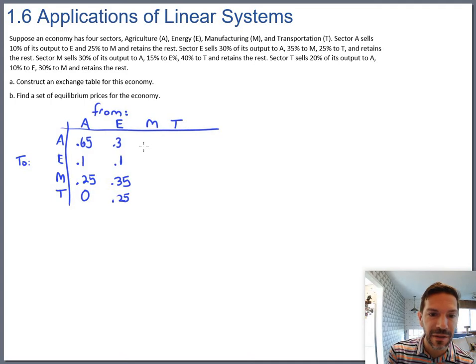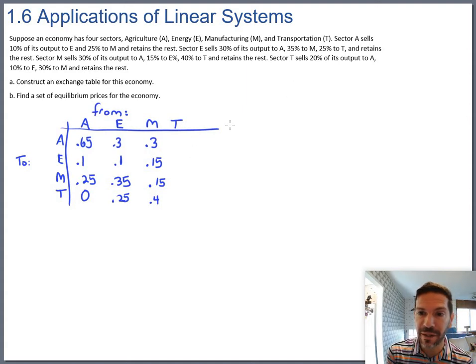Manufacturing sells 30% to agriculture, 15% to energy, 40% to transport, and retains the rest, which, let's see, there's 70, 85, so 15% manufacturing to manufacturing.